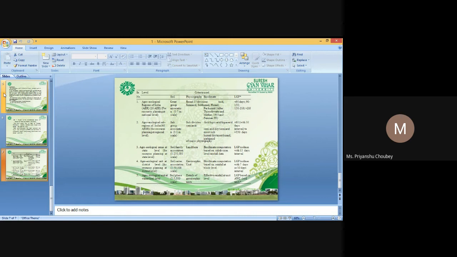The second one is the hot arid ecoregion with desert and saline soil. Geographical area is 31.9 million hectares and gross cropped area 8.5, with physiography of western plains and Kutch peninsula.